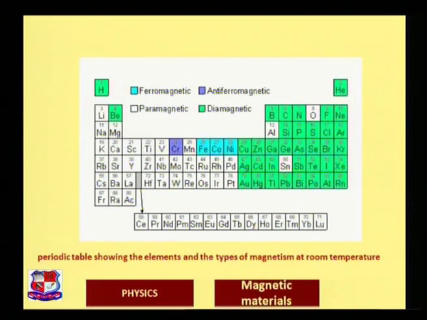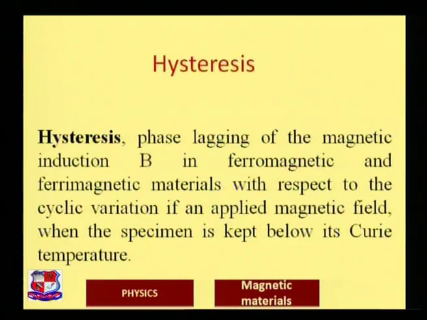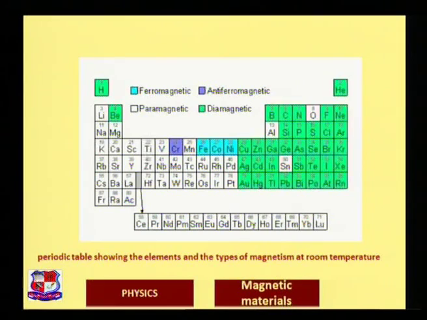So on the elemental view, most of them are paramagnetic, some of them are diamagnetic materials, and one or two of them are ferromagnetic materials. One can say that if we want to make some ferromagnetic compounds, even then we can make them from the ferromagnetic elements.